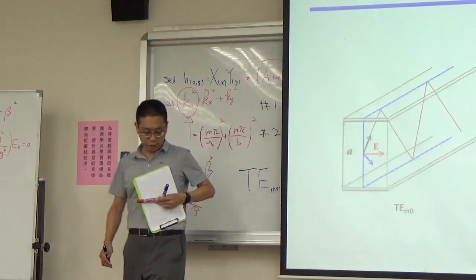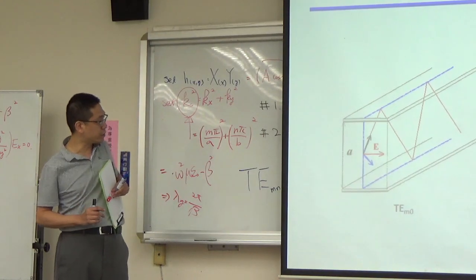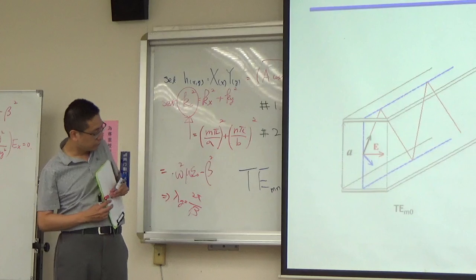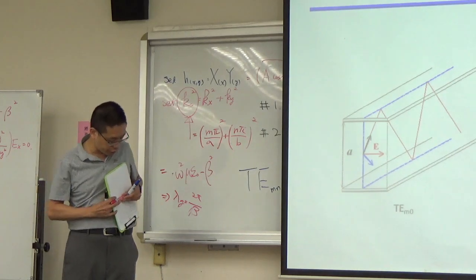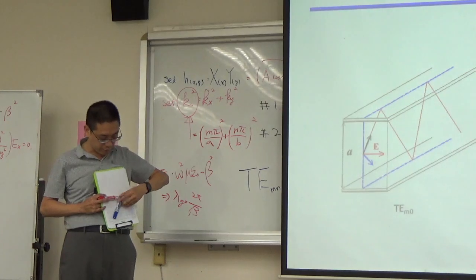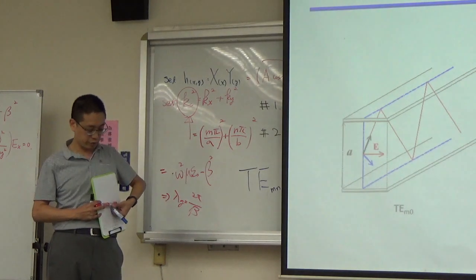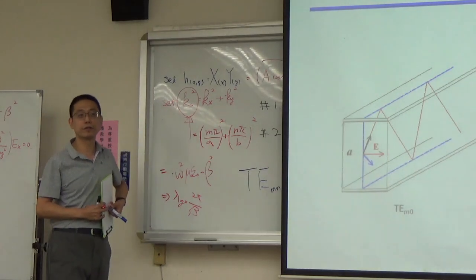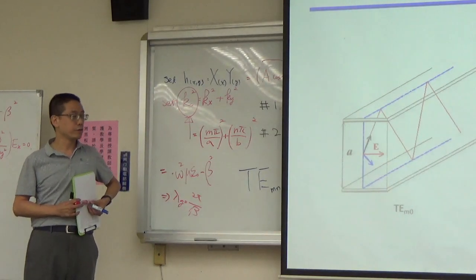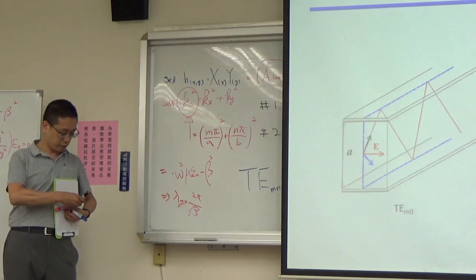You still need to consider Poynting vector theory. I think my direction of H should change. So if here and here, this direction and this direction can become this direction for H, then your direction of P is this direction.